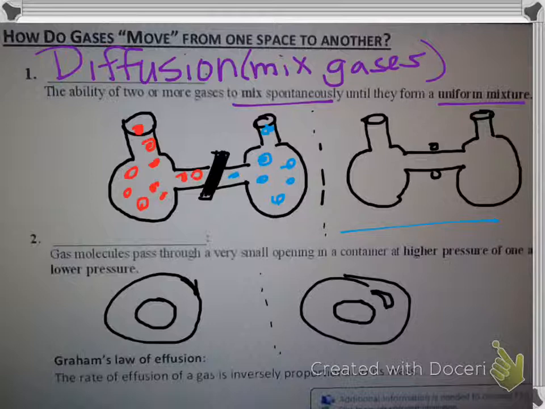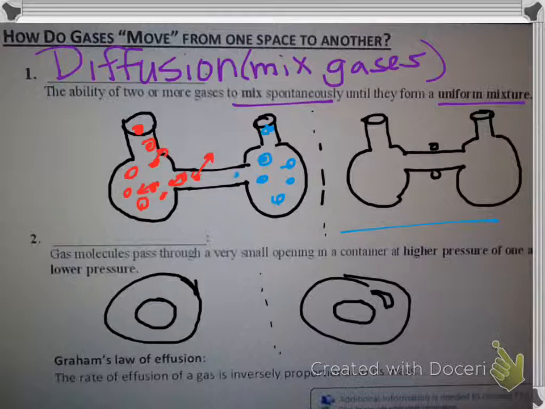When I first open the stopcock, immediately we don't have a homogeneous mixture or a uniform mixture of the two gases throughout. We know it takes time because, according to the kinetic molecular theory, the particles are moving randomly, independently, in all directions.